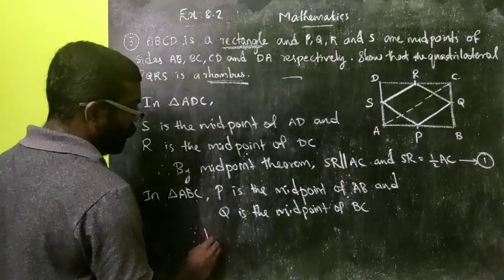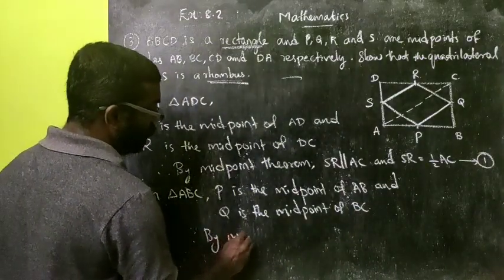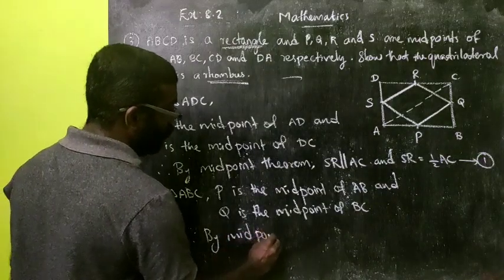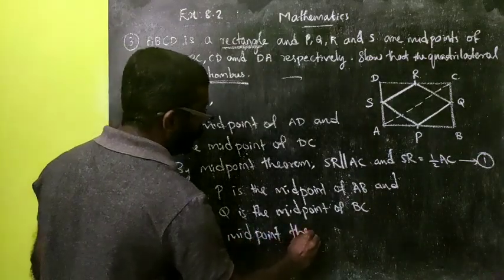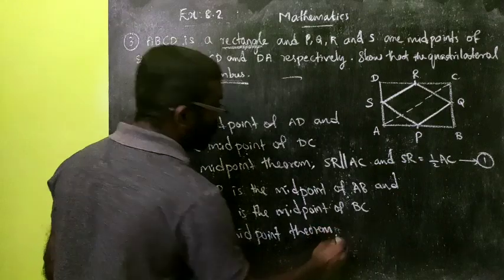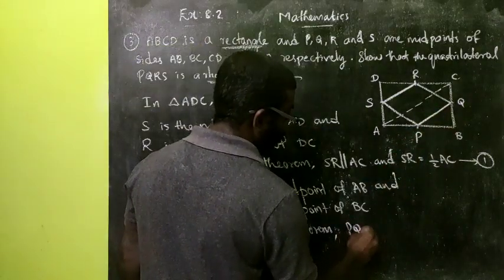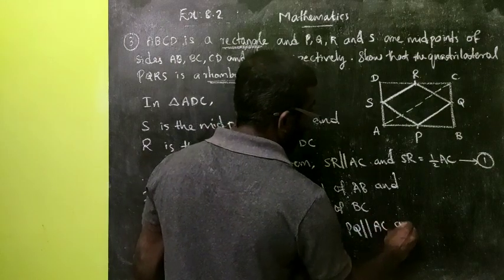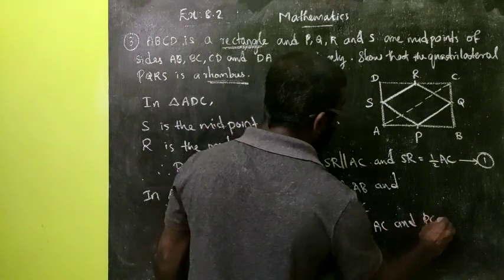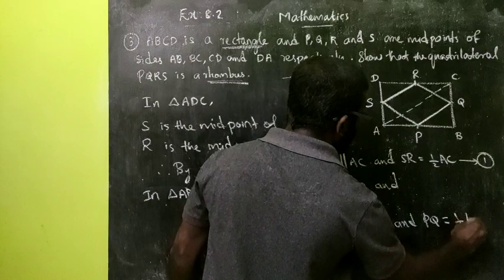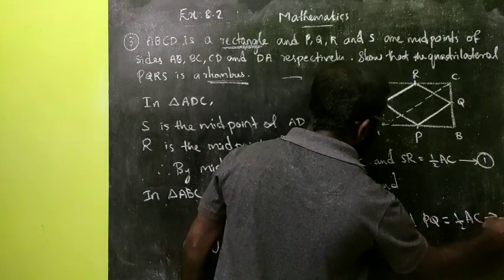Therefore, by midpoint theorem, PQ parallel to AC and PQ is equal to half AC. Take it as equation number 2.